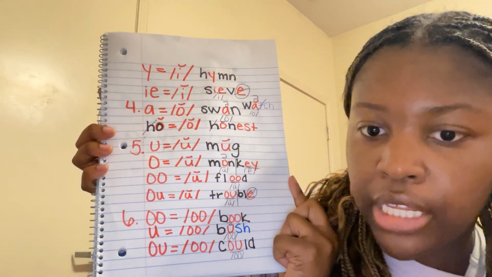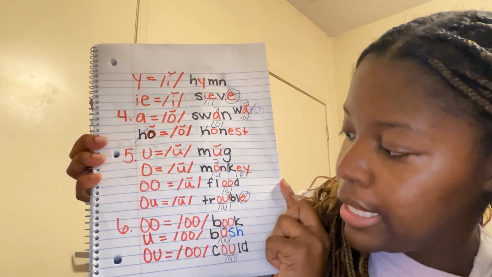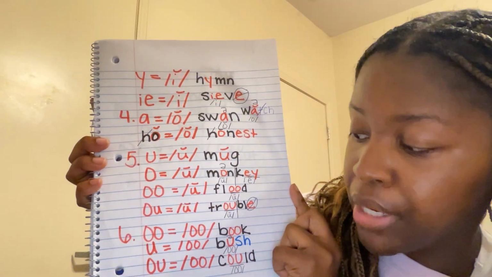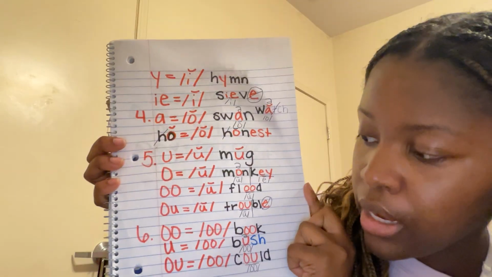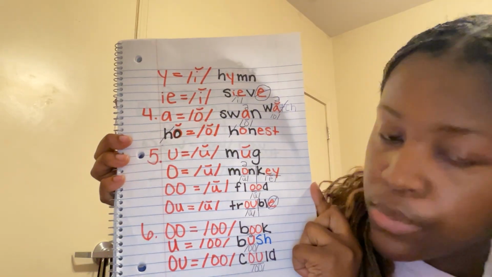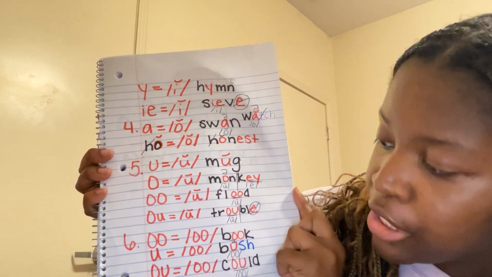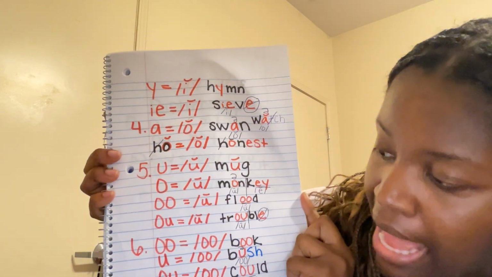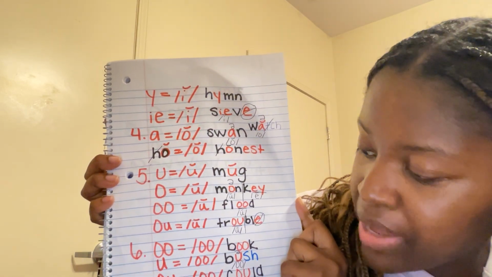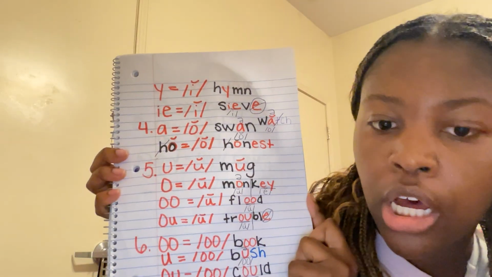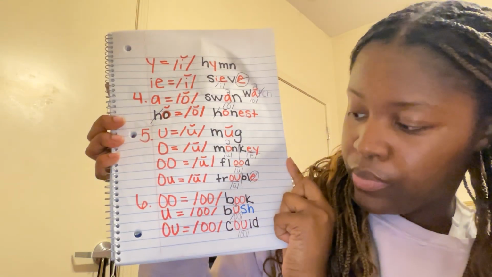Next, I have the double O sound like in book. Next, I have U that makes the double O sound, like in bush. And lastly, I have OU that makes double O, like in would.